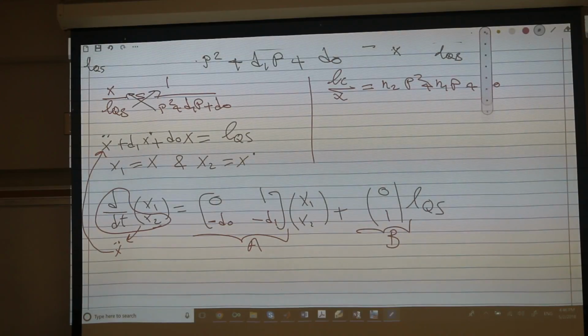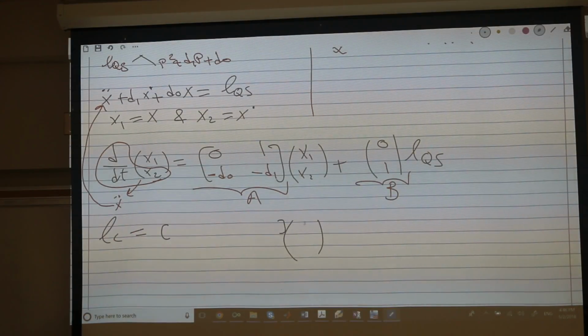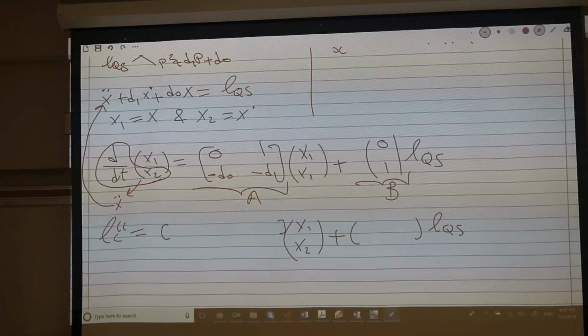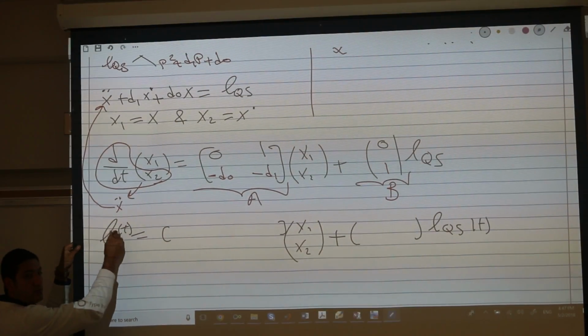This is the state equation, but we have the output equation. Remember, the output is my circulatory lift. Again, it's also a linear combination of the states, plus something times the input. This is your instantaneous output.